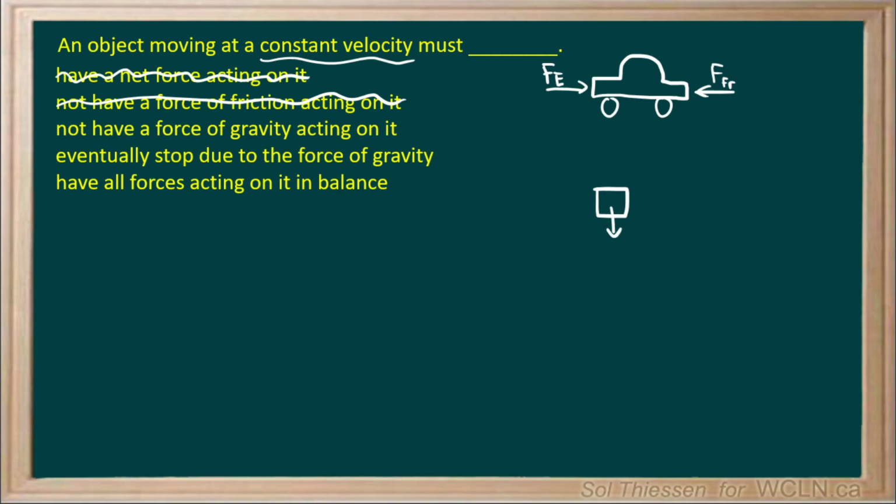So in that case, the weight is acting downwards and the force of friction is acting upwards. So air resistance is resisting this object's fall towards Earth's surface. And it's moving at a constant velocity because the two forces are balanced. So they're equal and opposite in direction. So we've come up with a case where the force of gravity acts on an object, but it still has a constant velocity. So this is disproved.